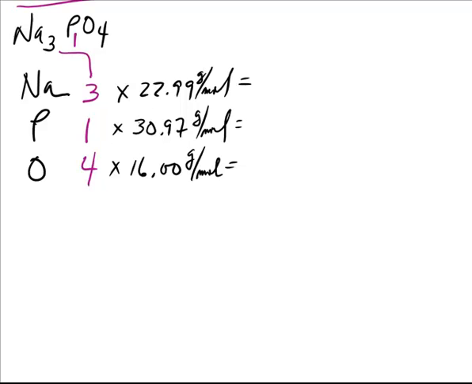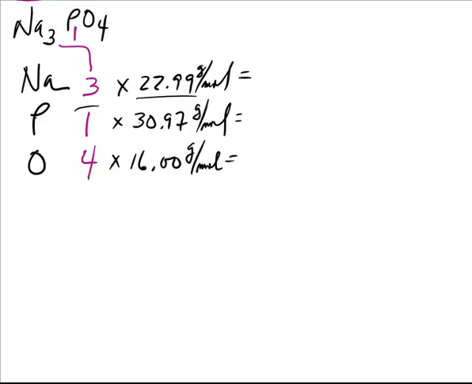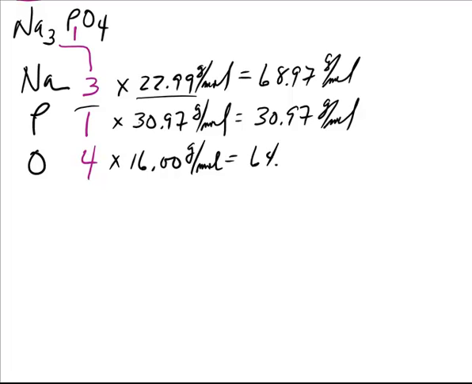Then we just do some multiplication. 3 times the 22.99 gives us 68.97 grams per mole from the sodium. 1 times 30.97 gives us 30.97 grams per mole from the phosphorus. And 4 times the 16 gives us 64 grams per mole for the oxygen.